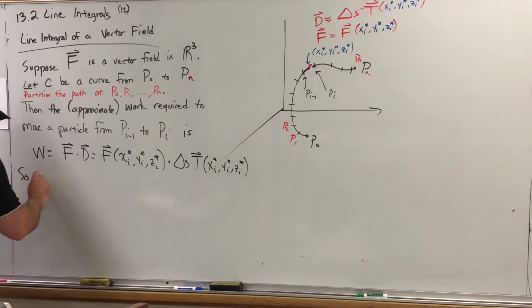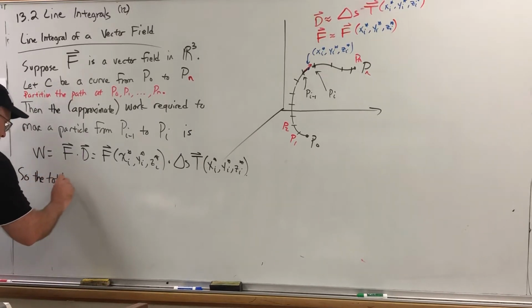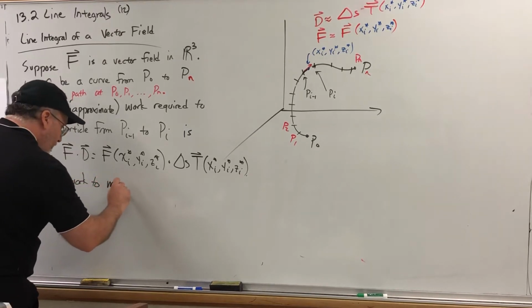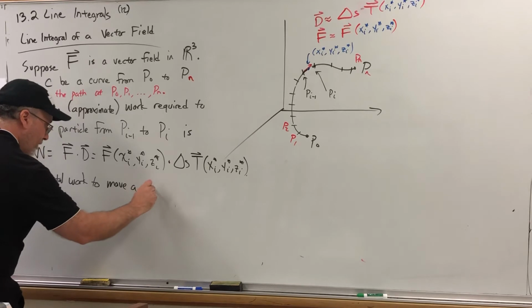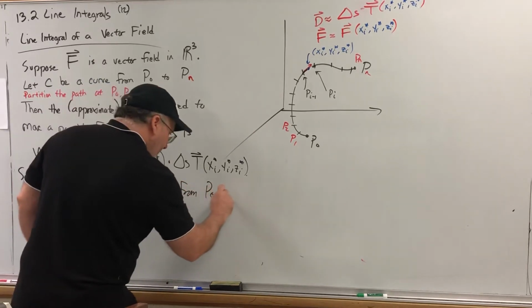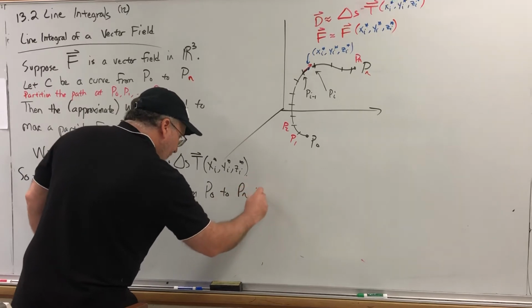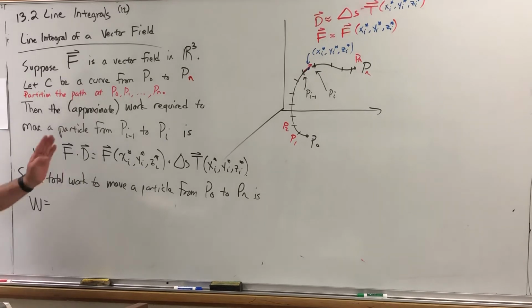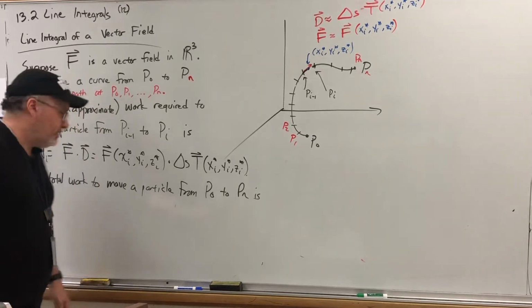So the total work to move a particle from P0 to Pn is the sum. I'm going to go back up here to where I wrote W equals and put Wi to mean the work required to move the particle along the ith subarc.